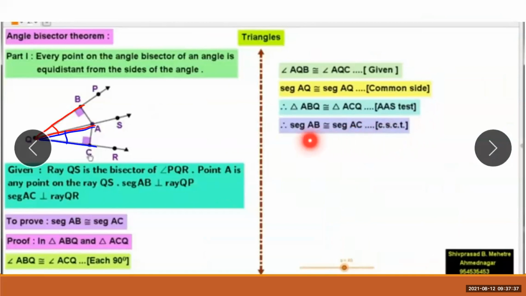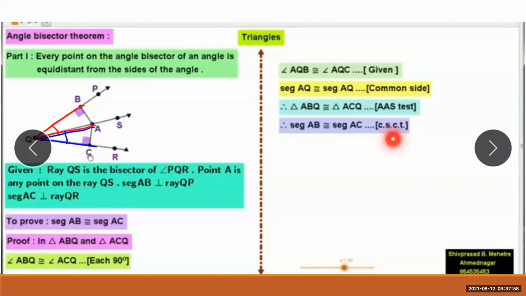So we can write segment AB is congruent to segment AC, as corresponding sides of congruent triangles.